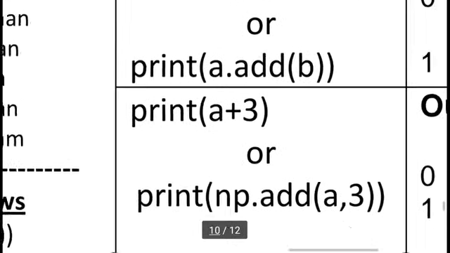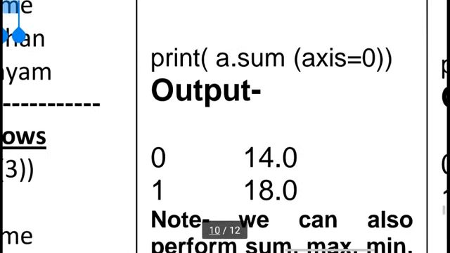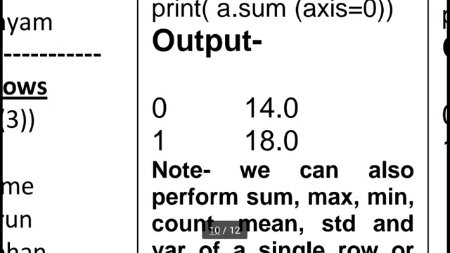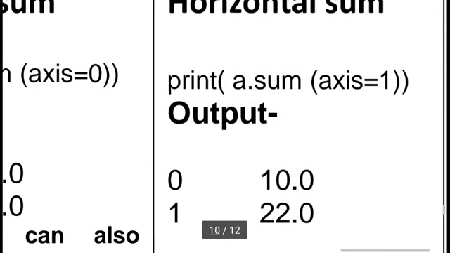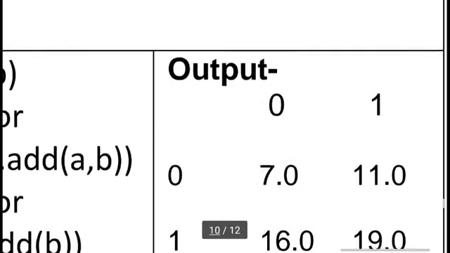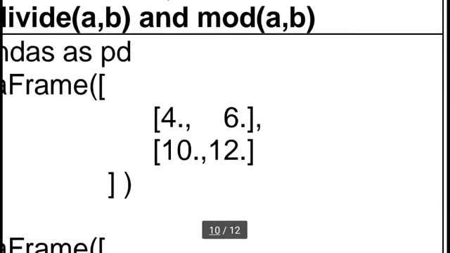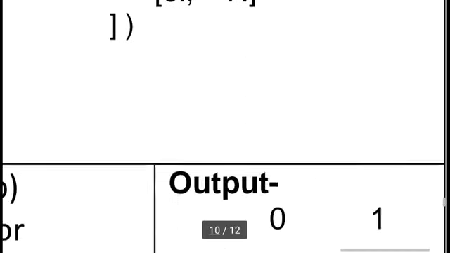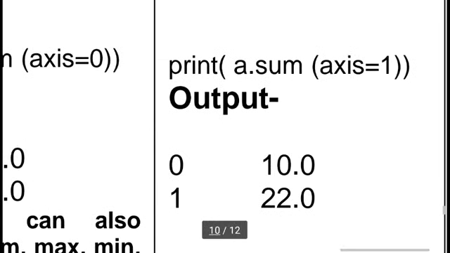So here we get 14 and 18. For the horizontal sum we use axis 1. In data frame A, 4 plus 6 is 10, and 10 plus 12 is 22. So you can see the horizontal sums, 10 and 22.